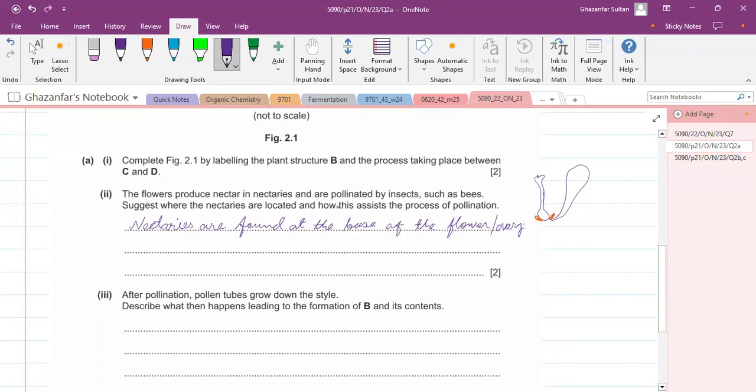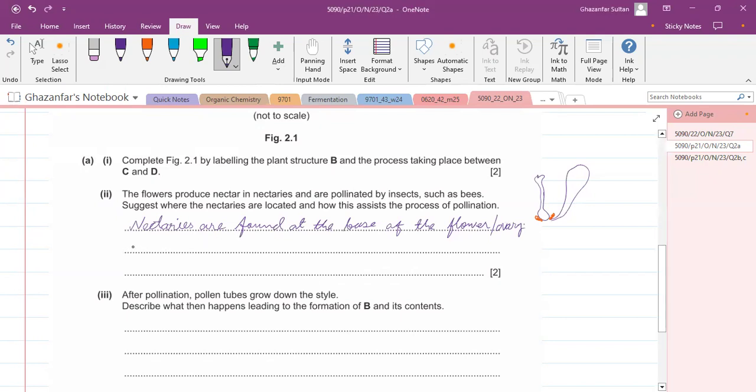Now, another part of the question is that suggest where the nectaries are located and how this assists the process of pollination. So you should know if the insects try to reach the nectaries, the pollen from the anther can be deposited on the stigma.